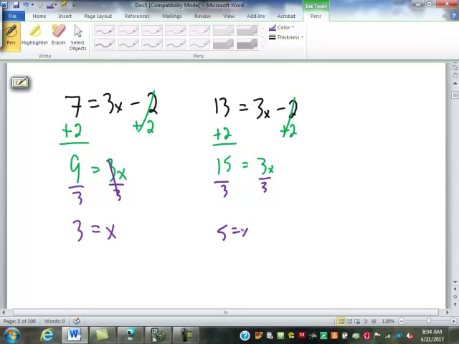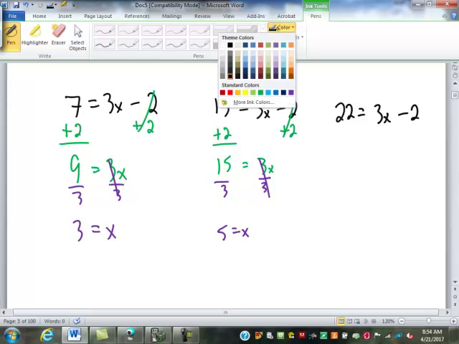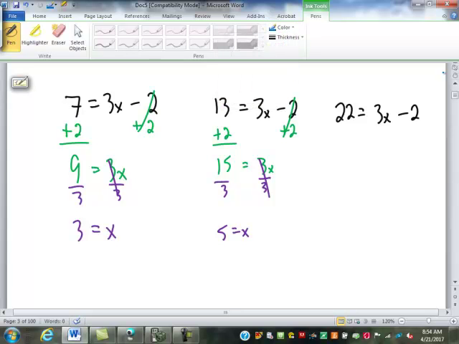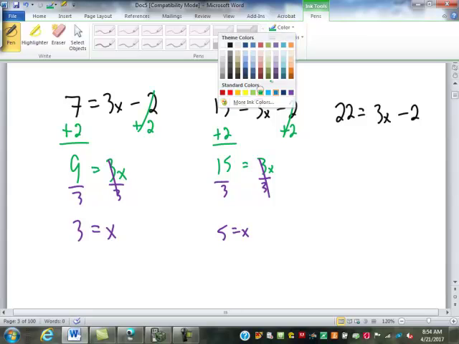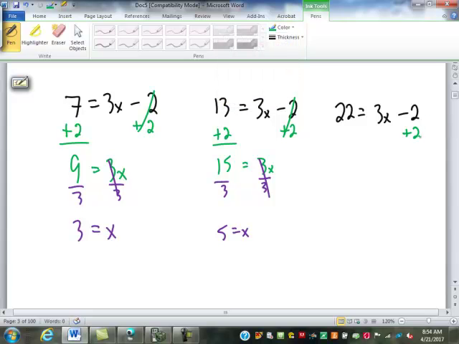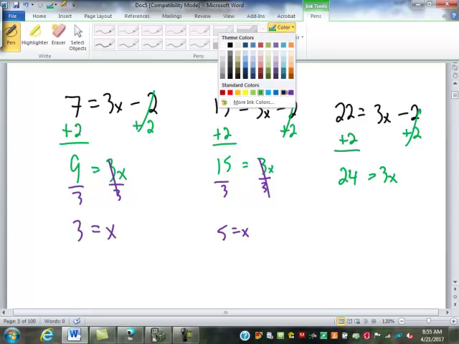We get 5 equals x. And we might even have something like this. 22 equals 3x minus 2. The steps to solve it are going to be the same thing. Add 2. Divide by 3.